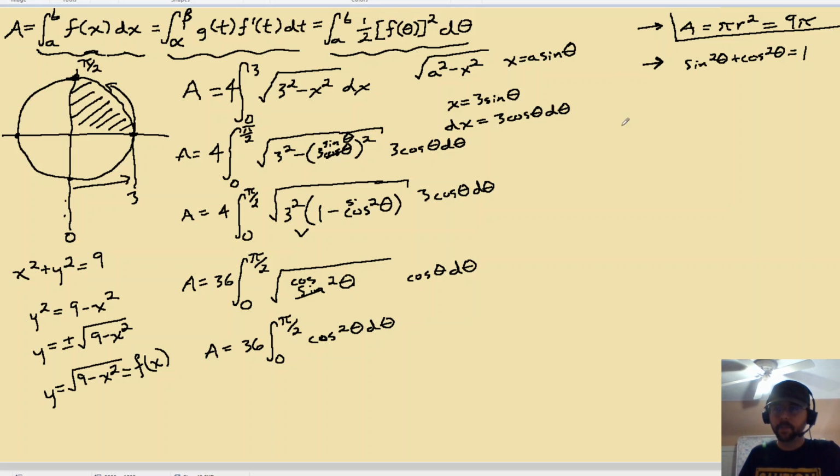And the substitution that we want to use is, because we have to reduce this power, cosine squared theta equals 1/2 times 1 plus cosine theta.